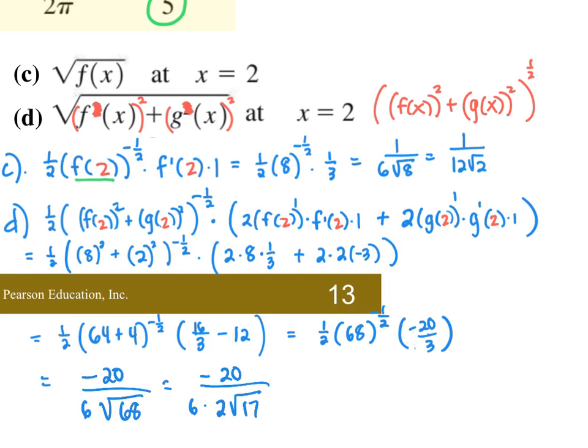That's the square root of 4 times the square root of 17. Which can again be simplified, and we've got negative 20 over 12 rad 17. So that's negative 5 over 3 rad 17 is the answer to part D.